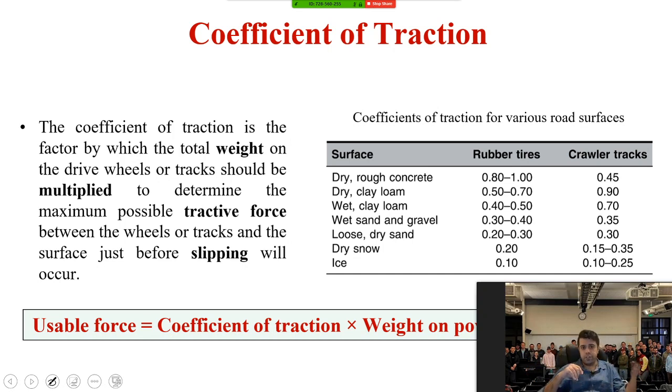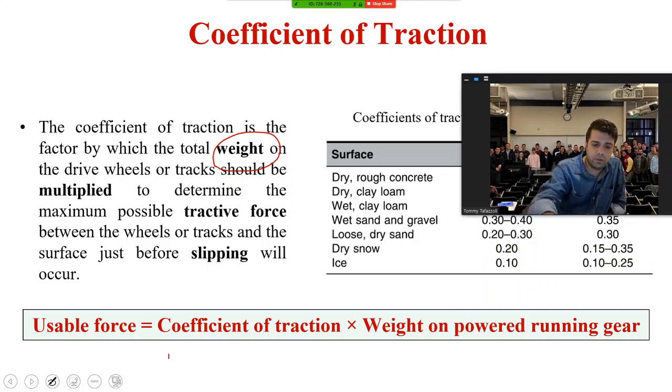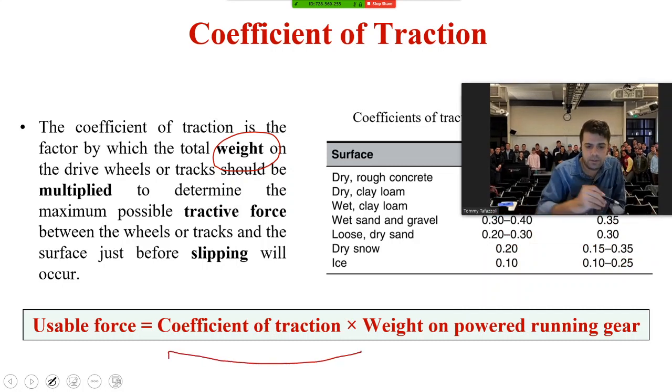Remember I told you in the first or second slide that I will talk about the coefficient of traction. The coefficient of traction is a factor by which the total weight on the wheels or on the tires or tracks should be multiplied. We actually need this to find the usable power.